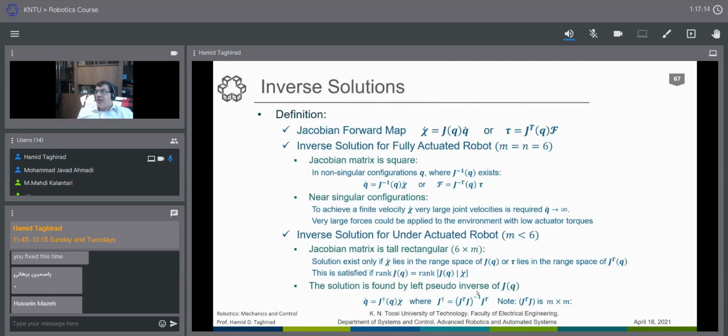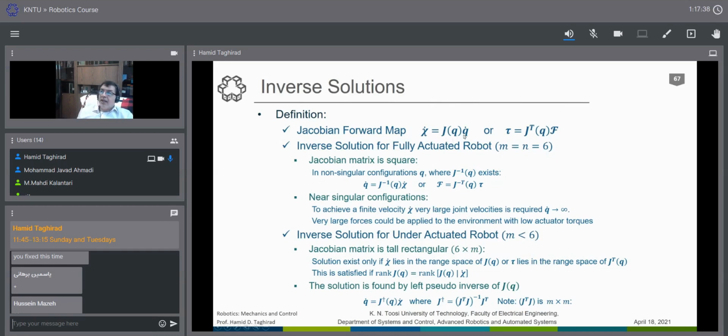We have 3 different types of solutions and different types of Jacobians. The first one is the simplest one. The simplest is when the Jacobian is square. We have the same number of actuators as the number of degrees of motion.